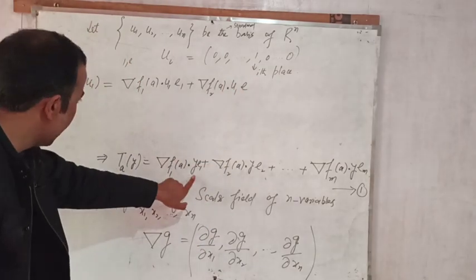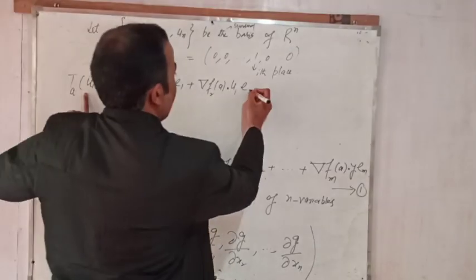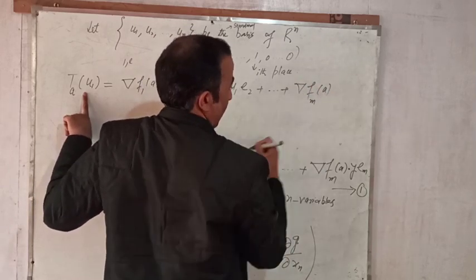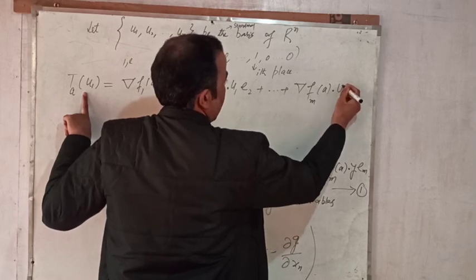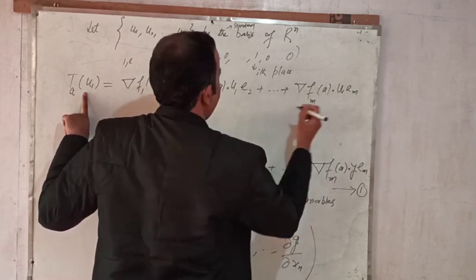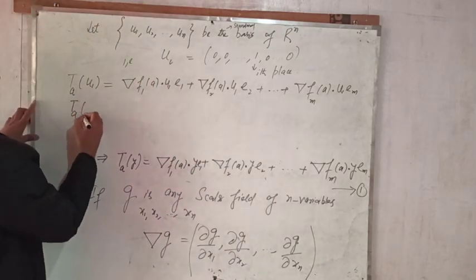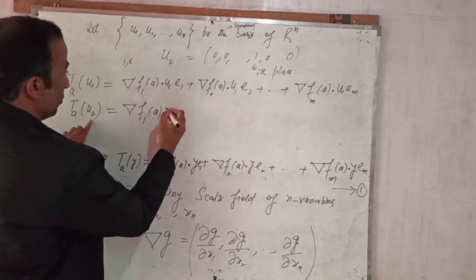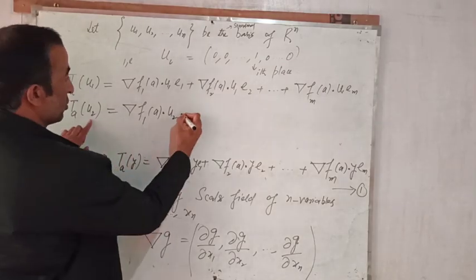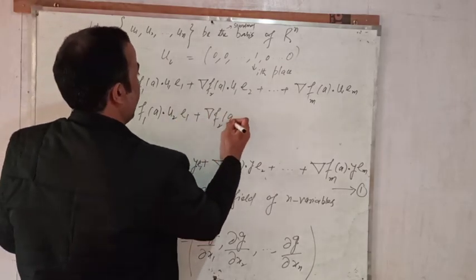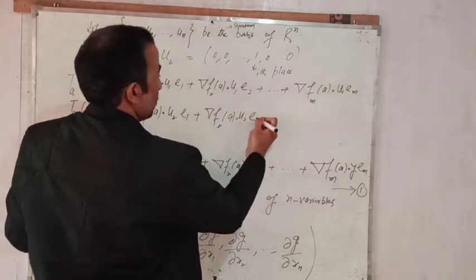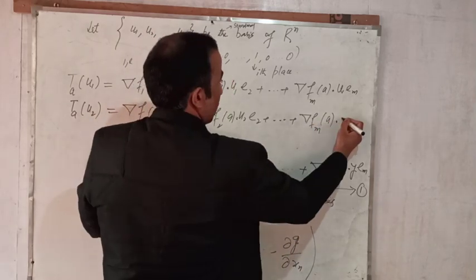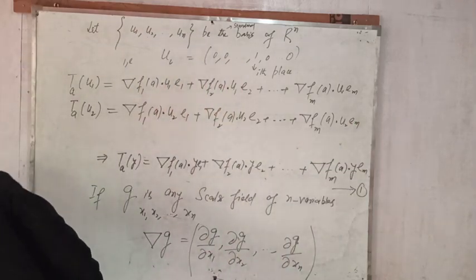You are replacing y by u_1. Then T_A at u_2 will be similarly gradient of f_1(A) dot u_2 into e_1, plus gradient of f_2(A) dot u_2 into e_2, plus and so on, plus gradient of f_m(A) dot u_2 into e_m, and then so on.